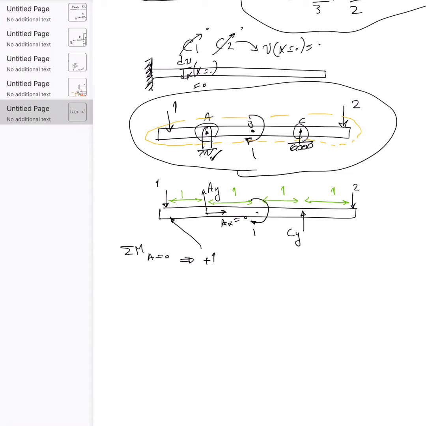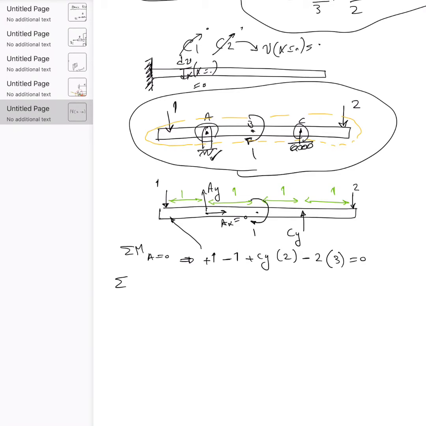So 1 plus, and then you have a -1 couple moment right there, plus CY times 2, minus 2 times 1, 2, 3 is equal to 0.